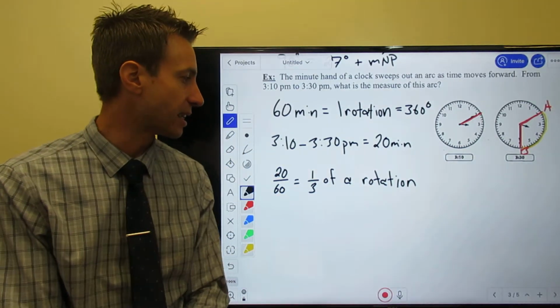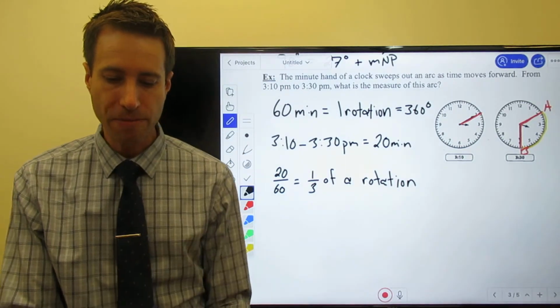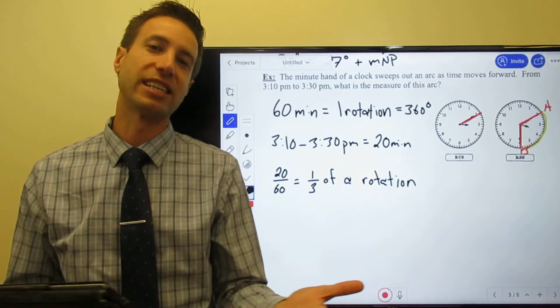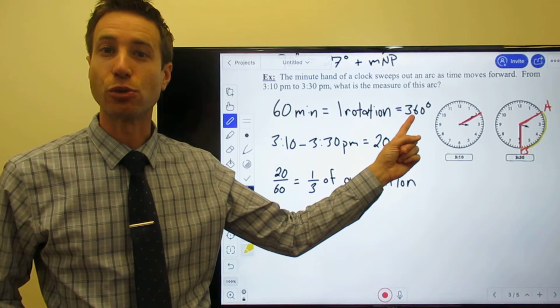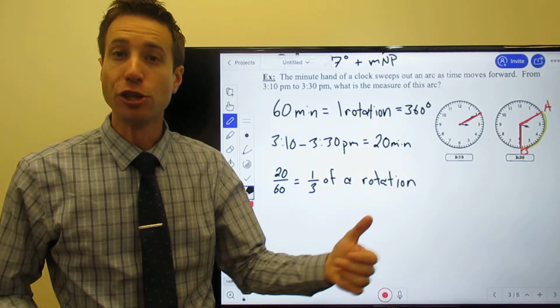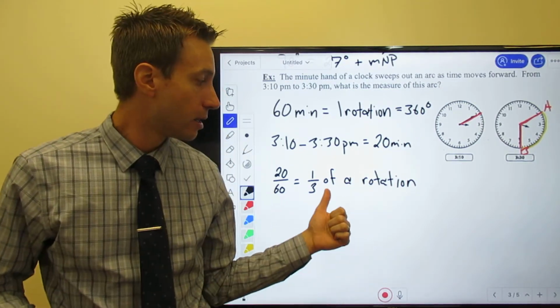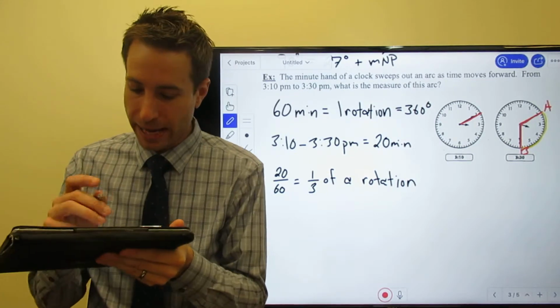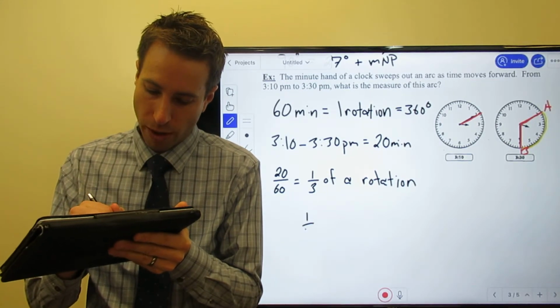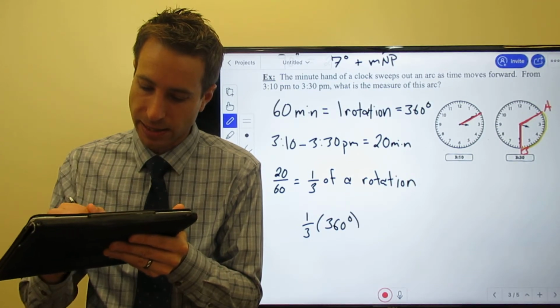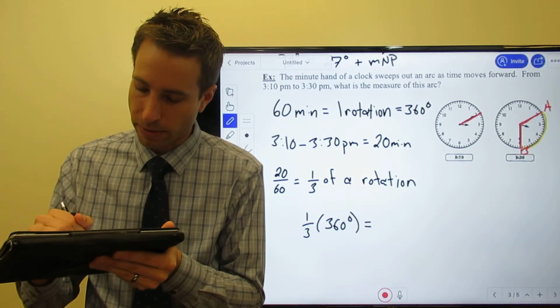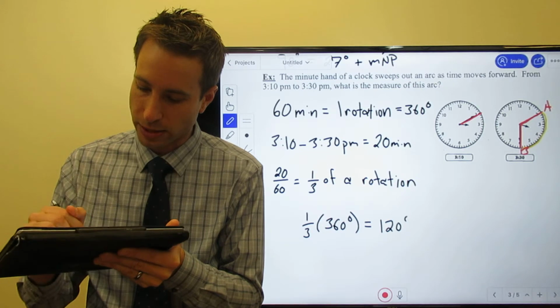Well, at this point, you're there. I know one full rotation is 360 degrees. So how many degrees is 1/3 of the way? Simple math. 1/3 multiplied by 360 degrees, you wind up getting 120 degrees.